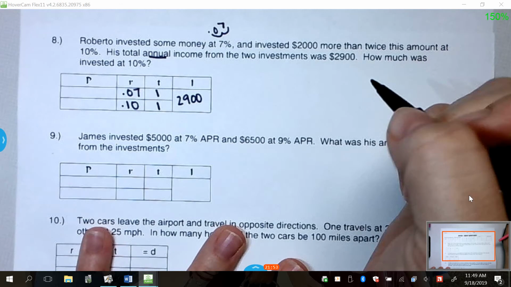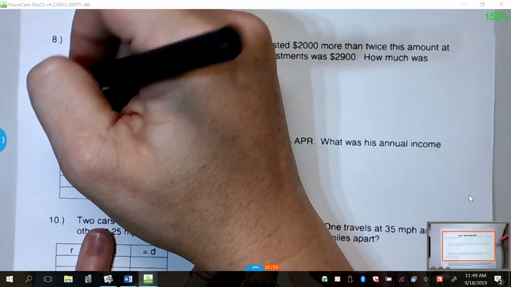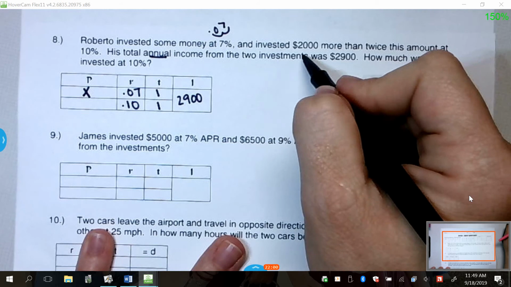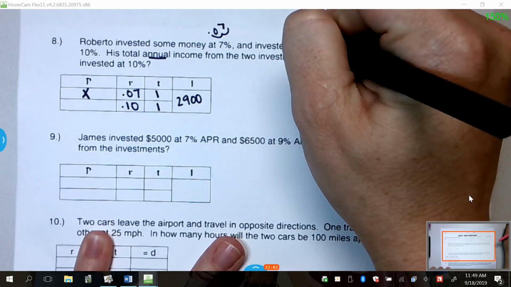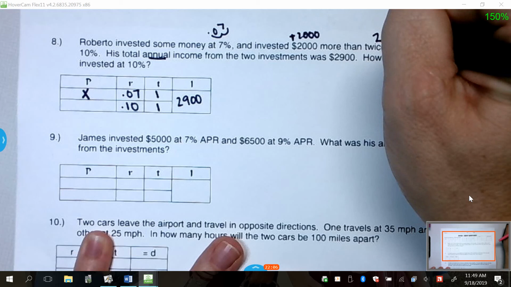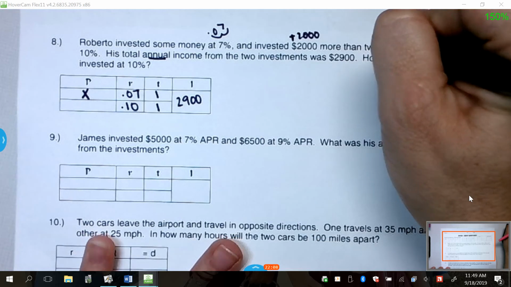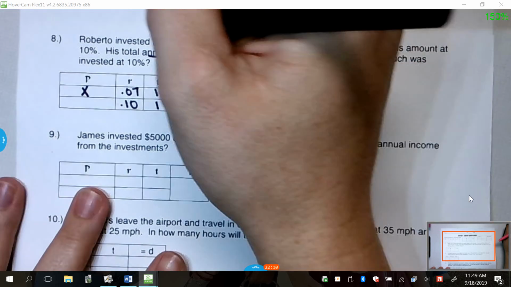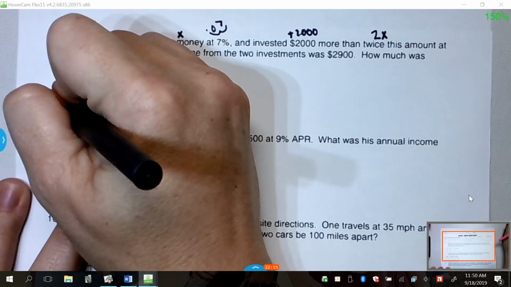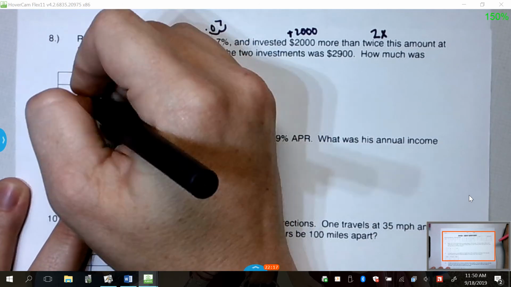I don't know how much money he invested at 7%, so that's x. But he invested $2,000 more than twice the amount at 7%, so this ends up being 2x plus 2,000.